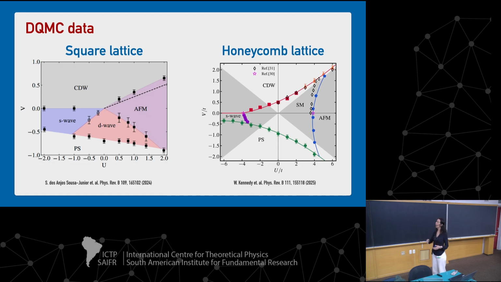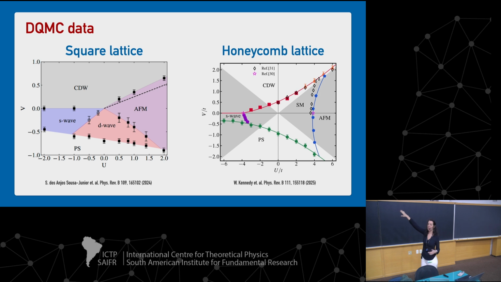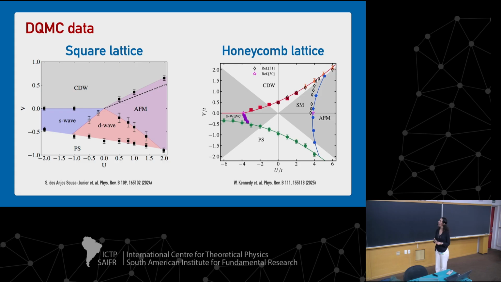So for the Hubbard model, which is just what we get when we have V equals 0 in the square lattice, we have in the attractive case s-wave superfluidity, and in the repulsive case an antiferromagnet with a Mott insulator. And when we add this V, then we have charge density wave, d-wave, phase separation, so different phases arise. And so I think looking into that, in optical lattices, should be really, really cool to do.